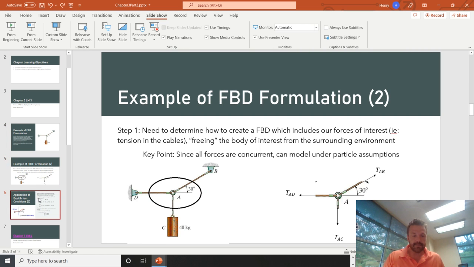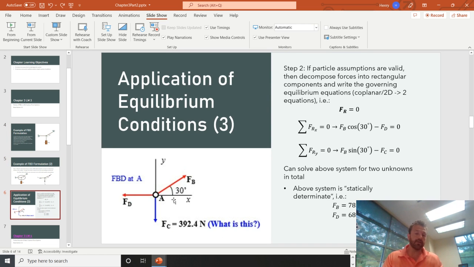So in this case, we've said why we can do particle analysis: because all the forces are concurrent. We know both the magnitude and direction of this force. We compute it as the mass times the acceleration due to gravity. We have an unknown magnitude, but a known direction for the force exerted by this cable, which we're denoting as FD. And in a similar fashion, we don't know the magnitude of this force, which we're denoting by FB, but we do know its direction.